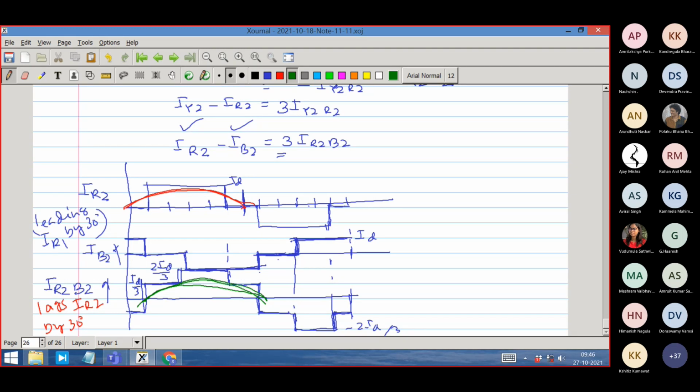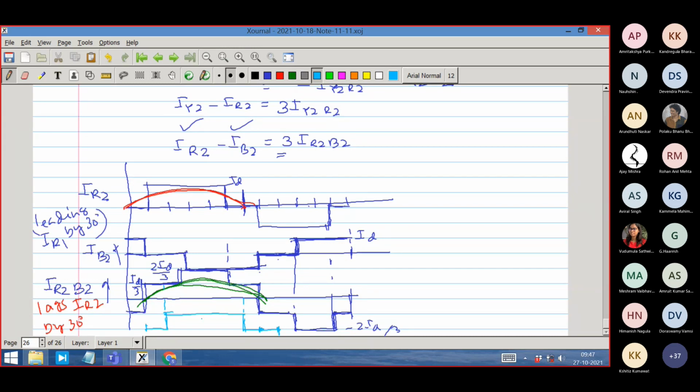So IR1 is qualitatively here. I may not have the phase exactly, but I'm still trying to draw it. That will be here. That is 30 degree here, and then going 120 degree. Right. So it will be up to this, like this. Like this, its phase will be there. Then another 30 degree, and then the negative portion will come.